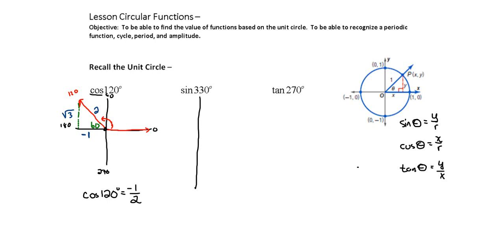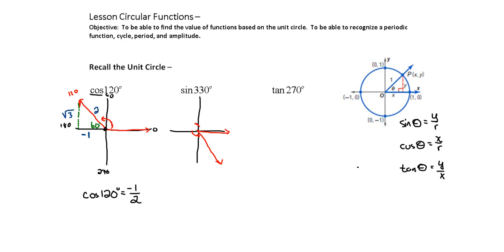So in this case, 330, I'm a little long on that, my bad. So 330, what you're looking for is all the way around into quadrant number 4. So it starts at the x-axis, opens up, comes around.